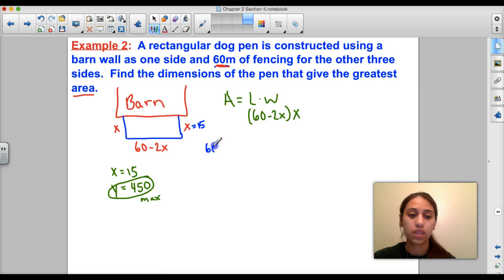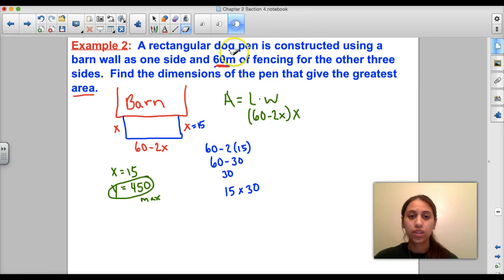So 60 minus 2, and x we said is 15. So 60 minus 2 times 15 is 30, is just equal to 30. So the dimensions would be 15 by 30. Or you could just say 15 and 30.